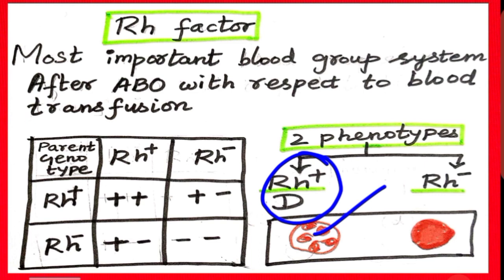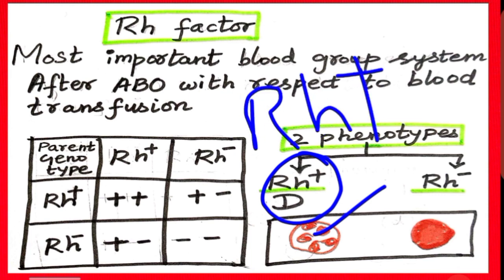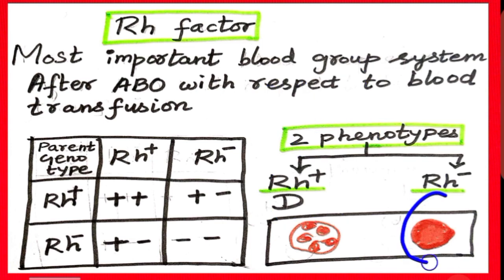This result shows that Rh antigen, that is D antigen, is present in the blood sample. Got it? That person is Rh positive. However, if there is no agglutination in the blood sample, this means that Rh antigen or D antigen is absent. Thus, the person is Rh negative.